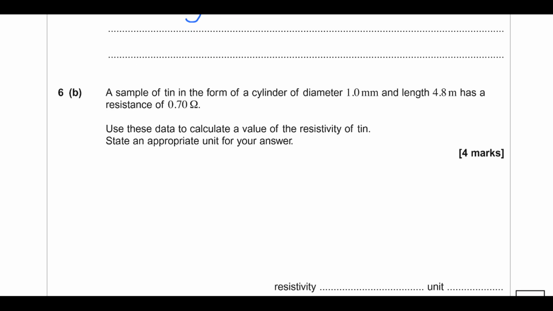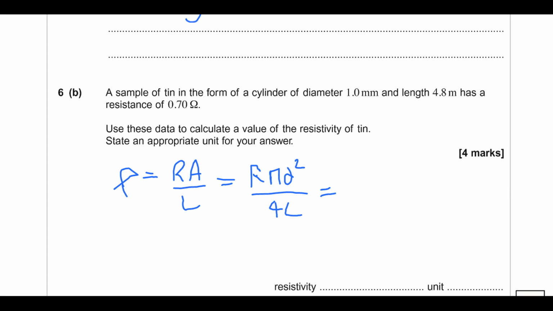A sample of tin in the form of a cylinder of diameter 1 mm and length 4.8 mm has resistance 0.7. Calculate resistivity. So we're going to be using this equation we had earlier. A over L. It's going to be resistance times pi d squared over 4L. So let's do that.